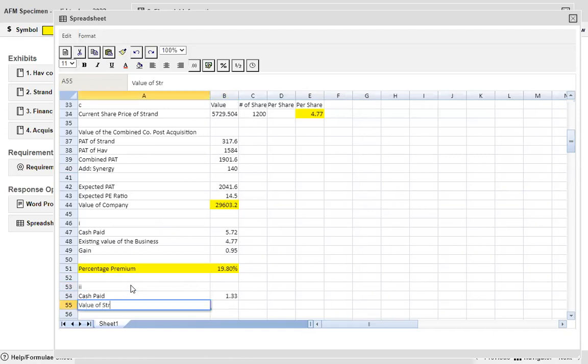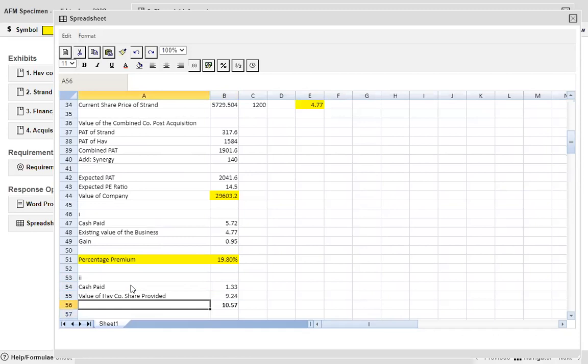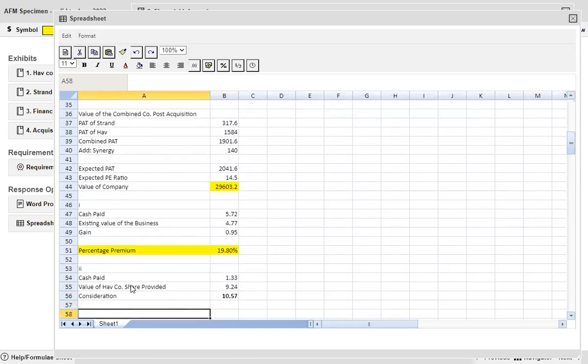Value of the Hav company share provided. So the value of the Hav company share was 9.24. The total provision is this. 10.57 is the total consideration that you have paid.